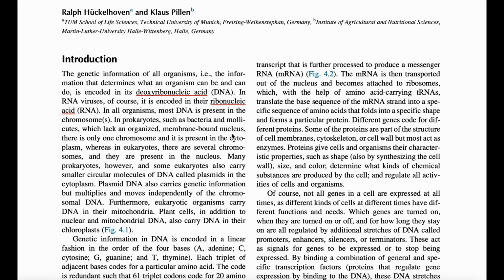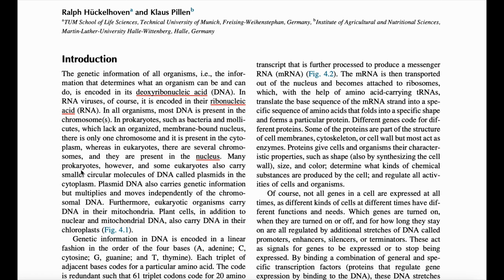Okay, which we get to see in case of bacteria, prokaryotes. Okay, so there is only one chromosome and it is present in the cytoplasm, whereas in eukaryotes there are several chromosomes and they are present in the nucleus.